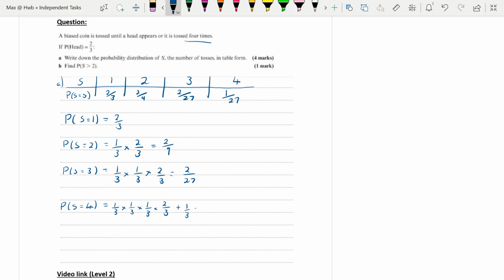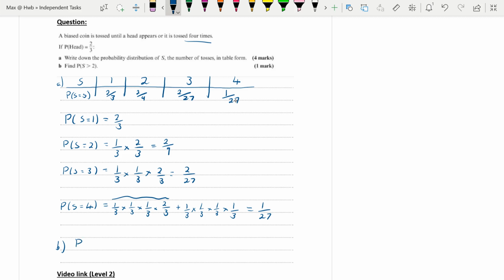So I've got 1/3 times 1/3 times 1/3 times 1/3. So I've actually got 2 options here to work with, and that still gives me 1/27. So I can use the fact that it adds up to 1, but this is the reason behind it, because otherwise people just do this first option here, and they forget about this second option.